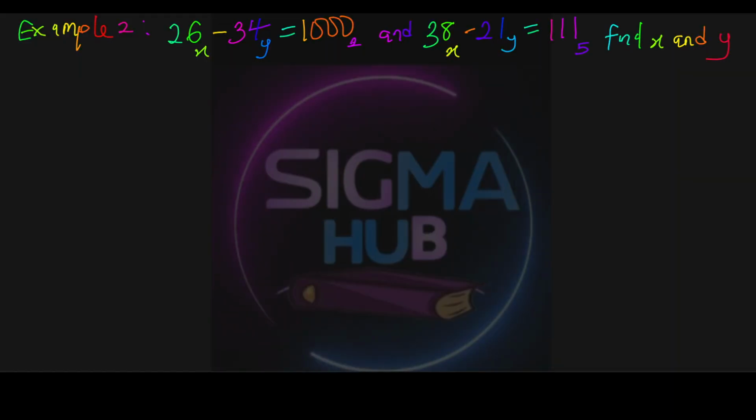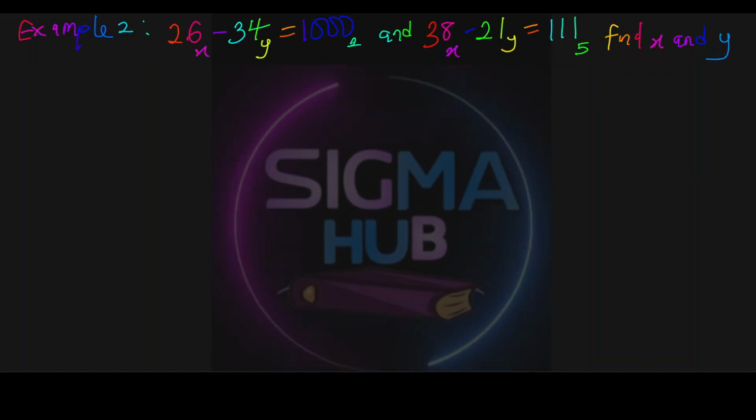So we have to solve for x and y. Just like the last example, we have to convert the base x and base y from equation 1 and equation 2 to base 10. We have base 2 here and base 5 here, so we are going to convert both to base 10 also.